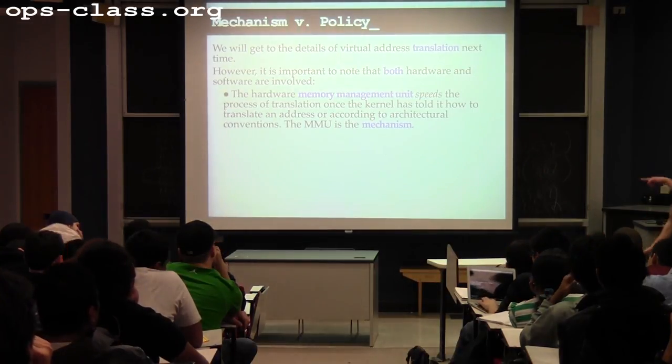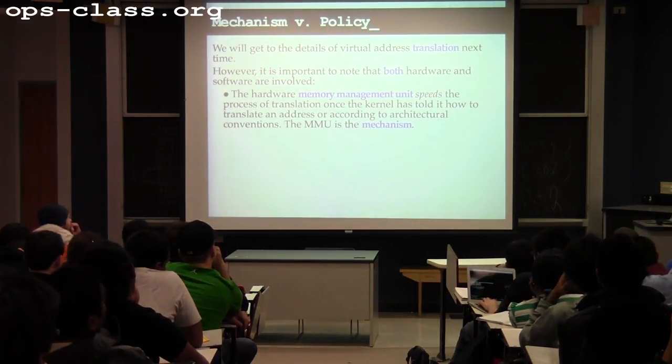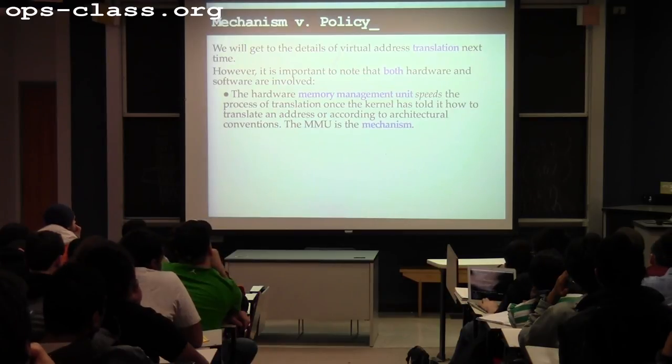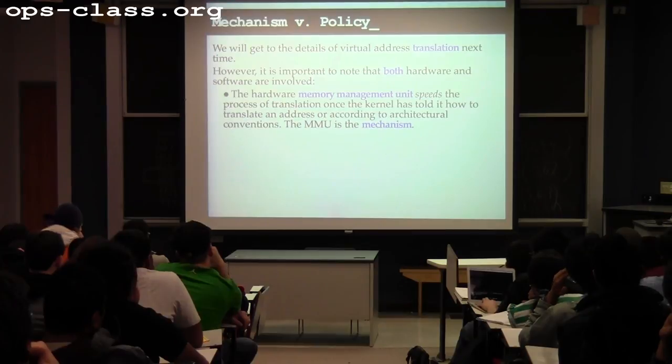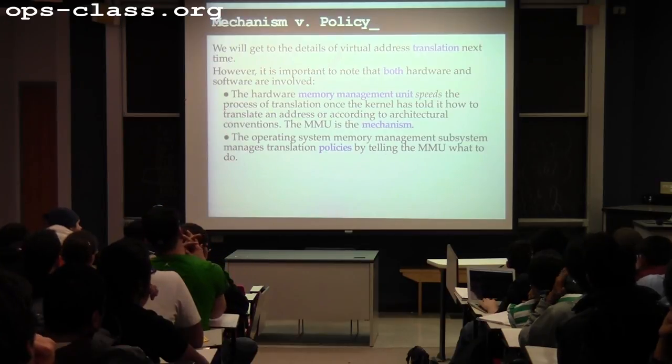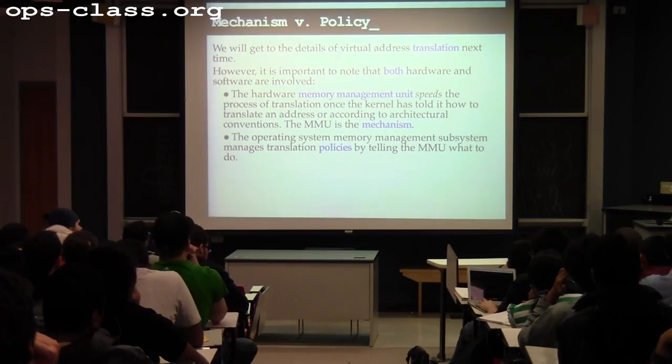That'd be really bad, right? Memory's supposed to be fast, remember? It was supposed to be faster than disk and stuff like that. And now every time I change a byte of memory, I have to use the kernel to do it for me. So that's terrible. So we need some help from hardware. I'm going to talk about how this works. But the hardware is the mechanism here, right? And we want to make sure that the OS has a firm grip on policy, because the policies determine the operating system's ability to do all those nice things with virtual memory that we wanted to do before. Grant it, revoke it, move it around, right?